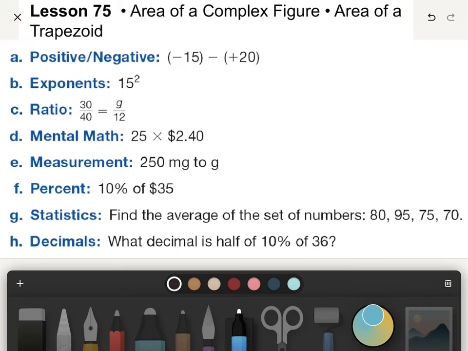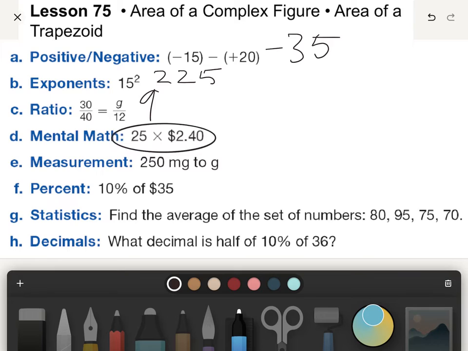This time we are doing negative 15 minus 20, so that ends up with a value of negative 35. Then, last time I checked, 15 squared was 225. Then this is really just 3/4, and 3/4 of 12 is 9.